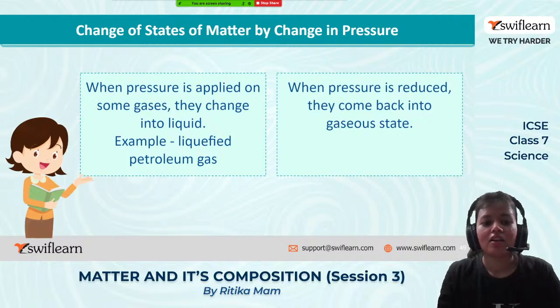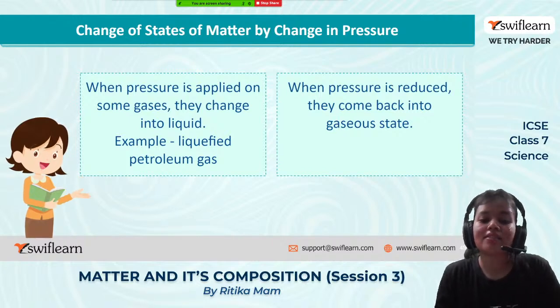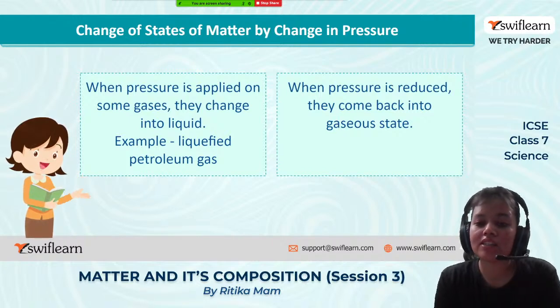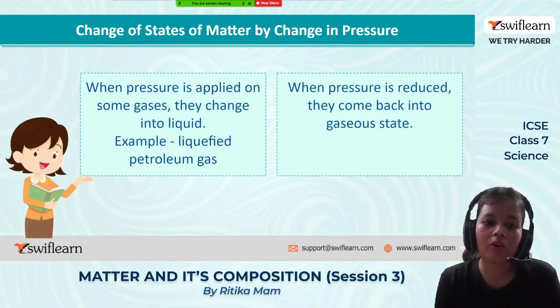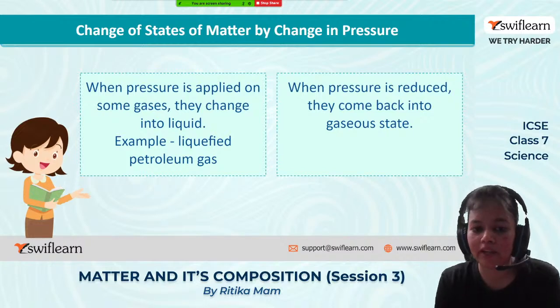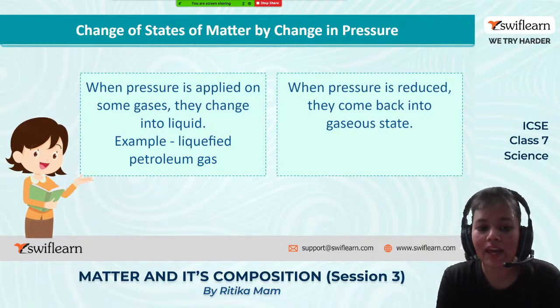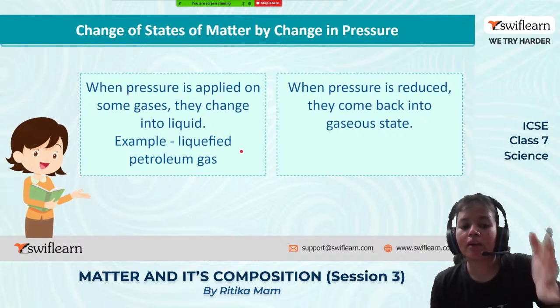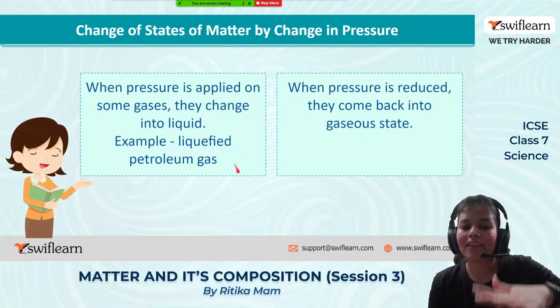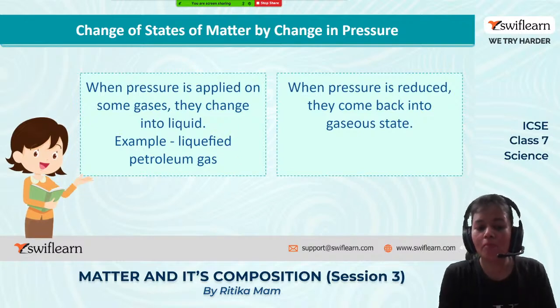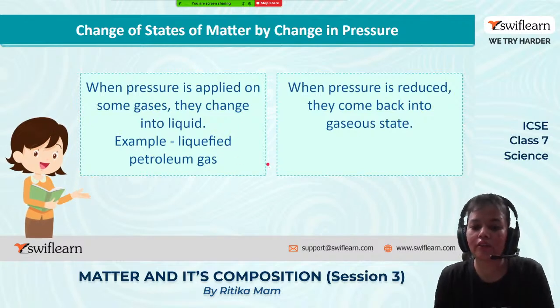Now let's talk about change in states of matter by changing the pressure. Right now we saw how the change happens by changing the temperature. When pressure is applied onto some gases, they change into liquid, for example liquefied petroleum gas. When we apply pressure onto some gases, they change their form from gas to liquid.